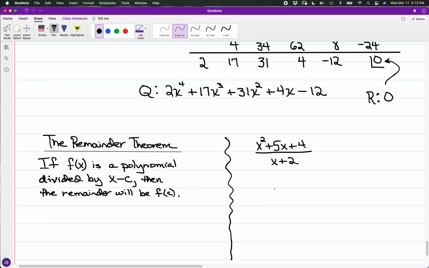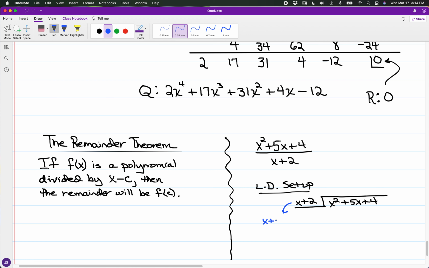Now, you can perform synthetic division. And I'm just going to mention the long division setup first. Again, we have x plus 2 into x squared plus 5x plus 4, and now translating to synthetic division.